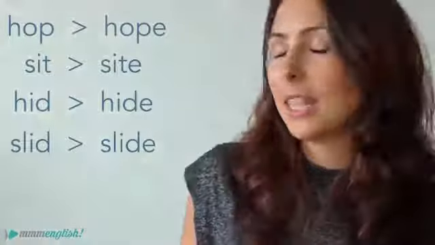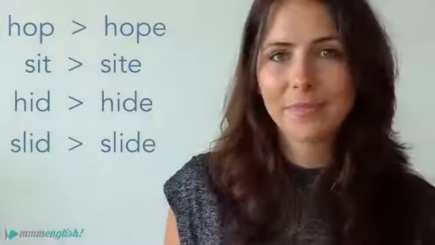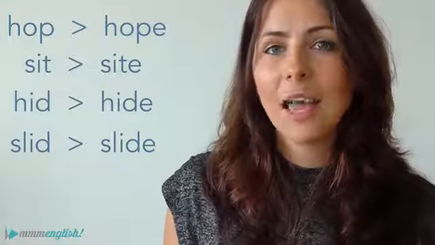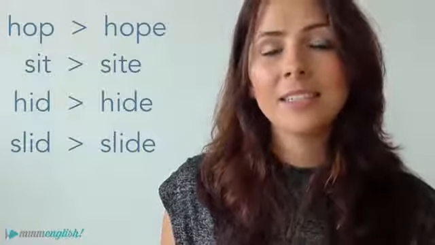But that E on the end, although it might be silent, it can affect the pronunciation of the vowel sound before it. Let's look at these examples. Hop, hope, sit, sight, hid, hide, slid, slide.